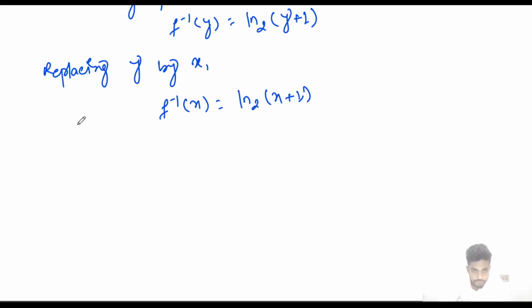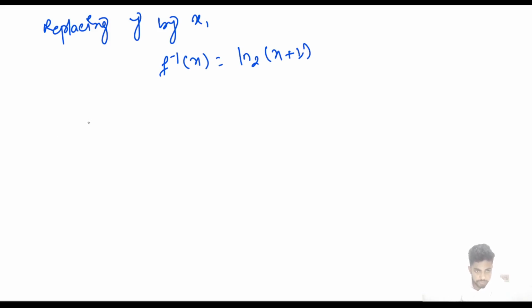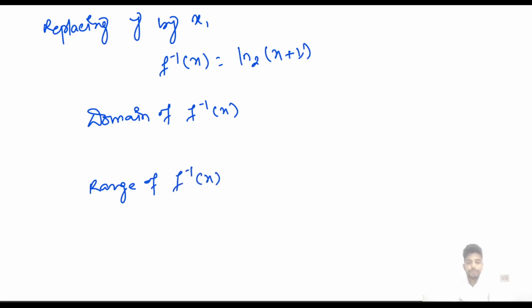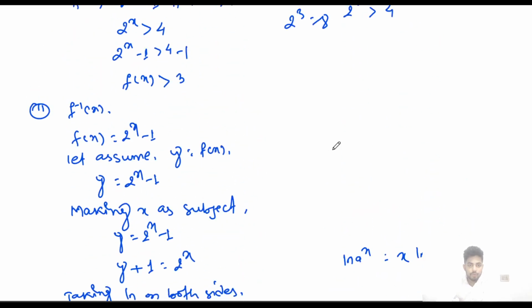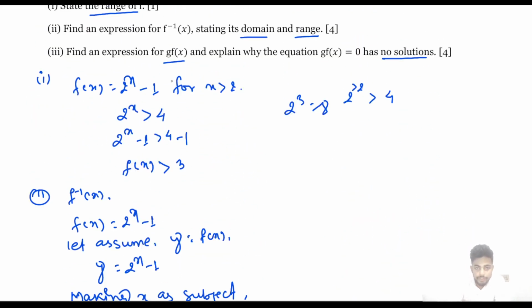Now we also need to find the domain and range of f inverse x. We already know the domain and range of f(x). The domain of f(x) is x greater than 2 and the range of f(x) is greater than 3. The inverse interchanges its domain and range.